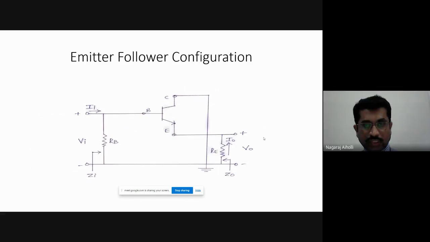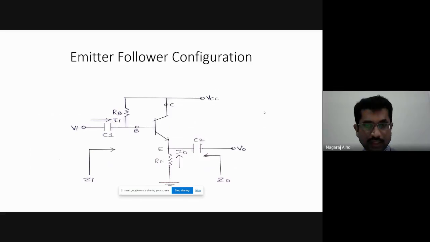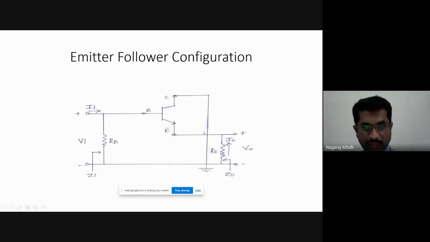Then what about the collector terminal? The collector terminal is grounded because VCC is 0 here. So we connect the collector terminal to ground. If we connect this collector terminal to ground, it is common to both the input section and the output section.